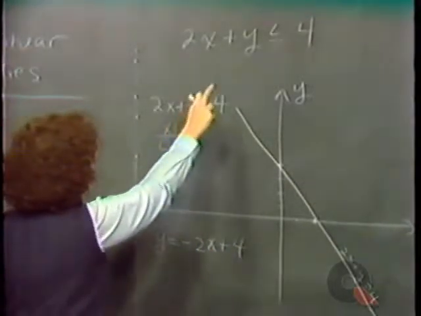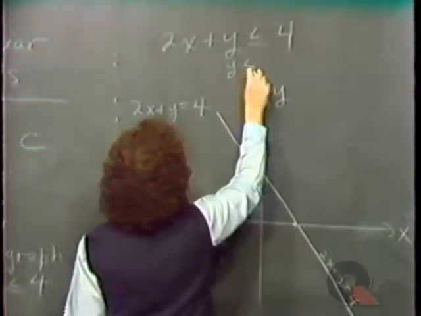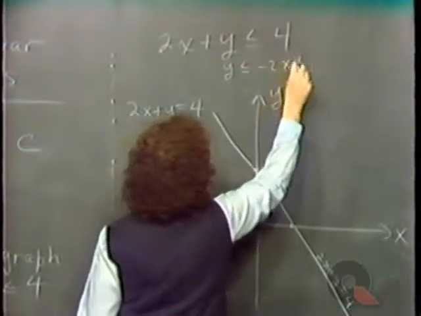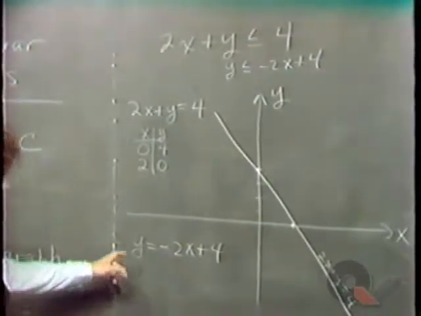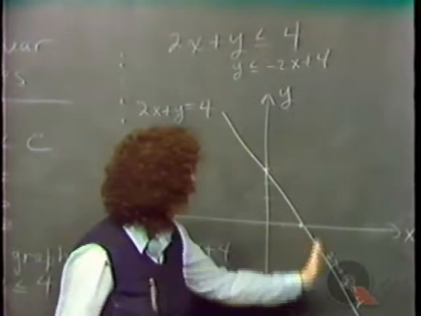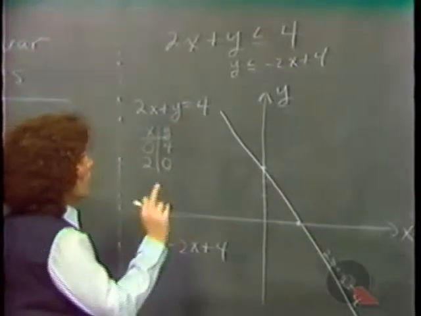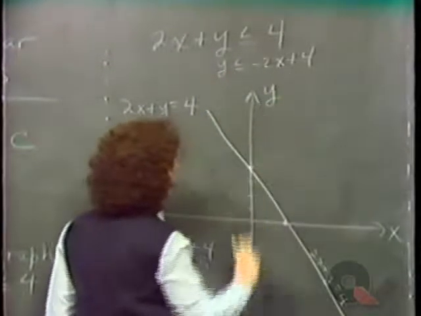And in fact, the original inequality could be written in the form y is less than or equal to minus 2x plus 4. In this way, we can see that y equals minus 2x plus 4 represents this straight line here. And we're interested in all points so that y is less than or equal to minus 2x plus 4.